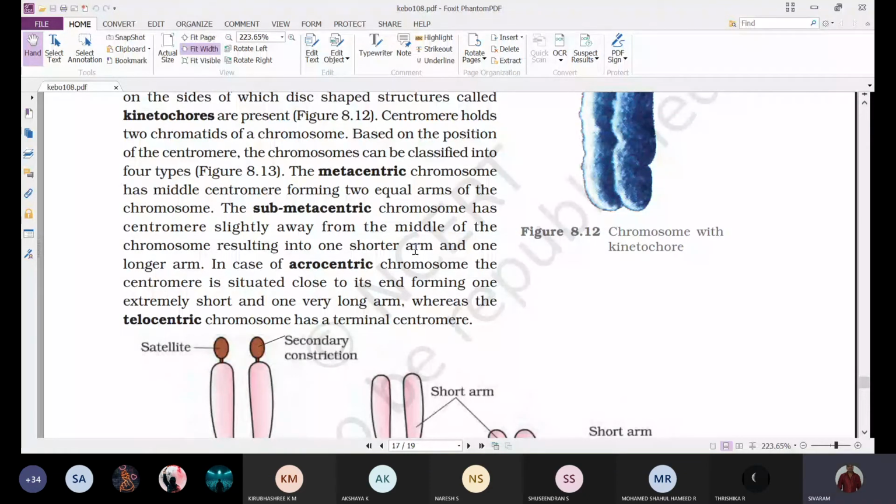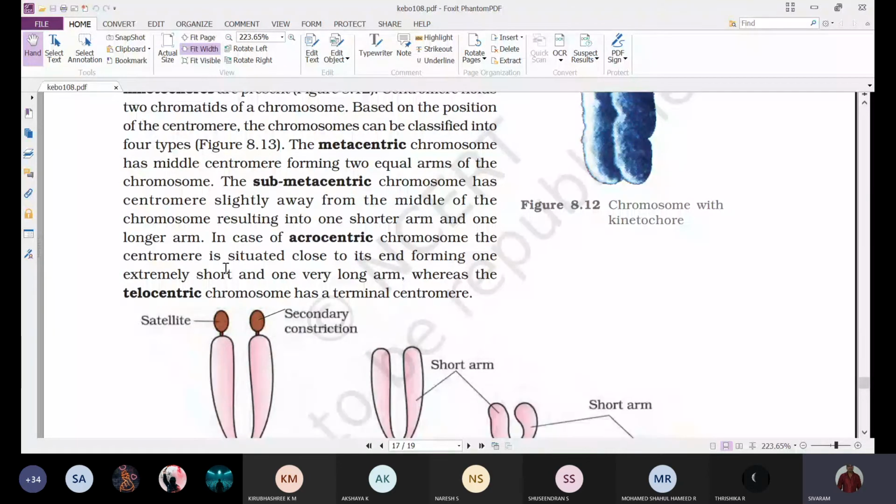And next, the third one, that is acrocentric. In acrocentric, the centromere is present close to one end. That means one is a very long arm. One chromatid will be very long with a long arm, and one chromatid with a very short arm.